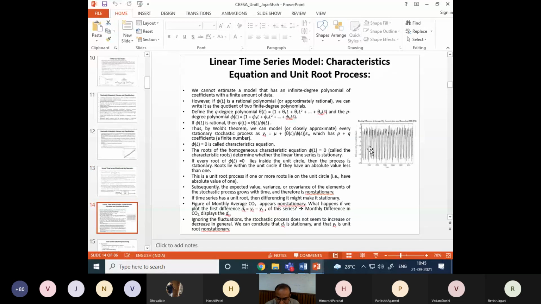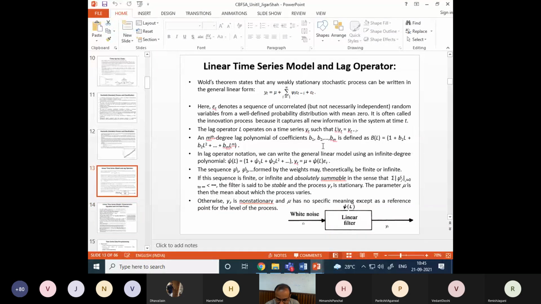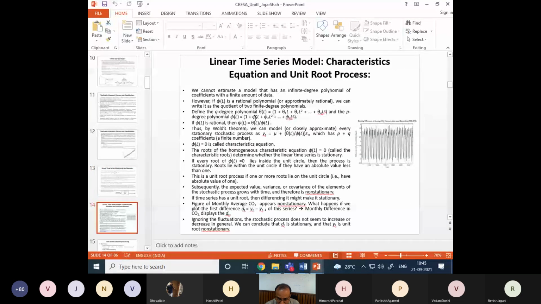And we saw how to check whether the time series is stationary or non-stationary: I can perform the unit root test. We saw the unit root process, because this polynomial psi L is infinite, which I can consider to be a rational polynomial. It is a ratio of two polynomials, and I can have the pole-zero representation or numerator-denominator, or transfer function representation, with a finite number of coefficients.